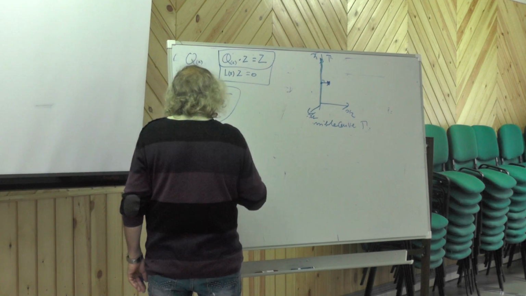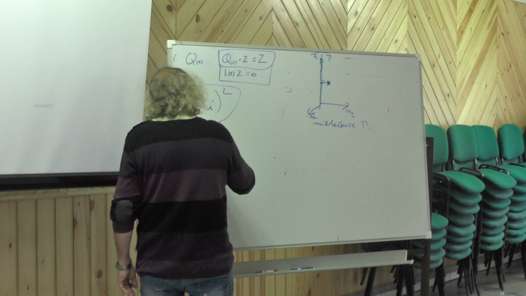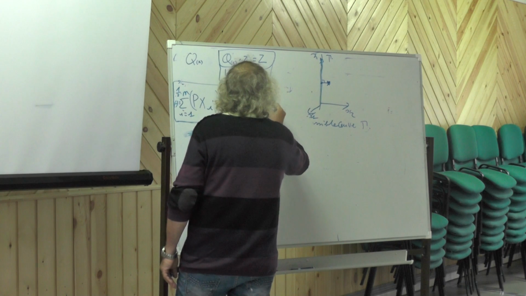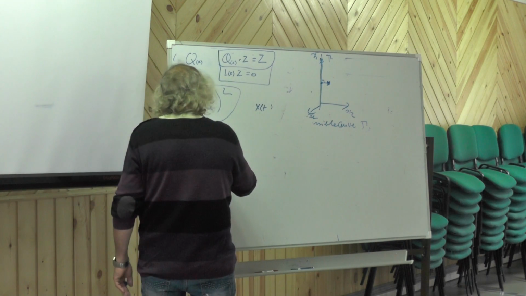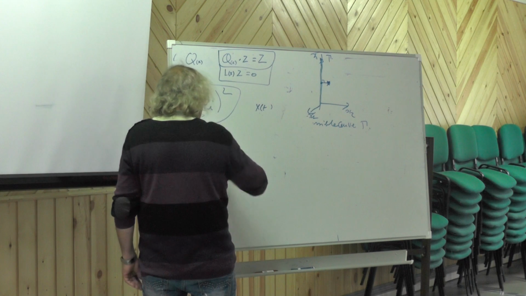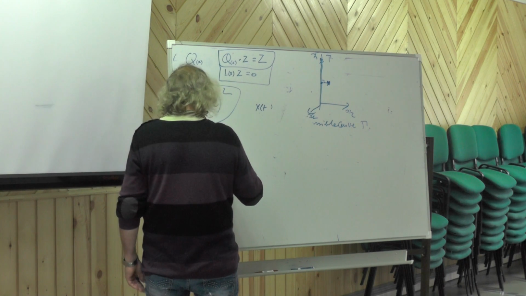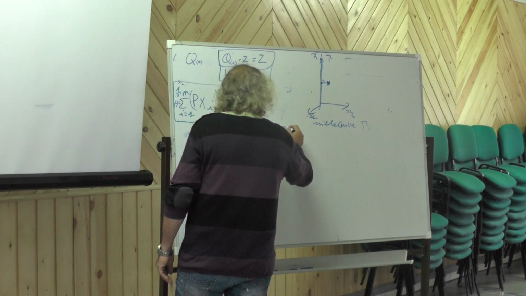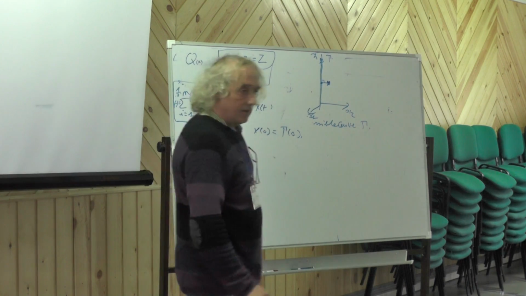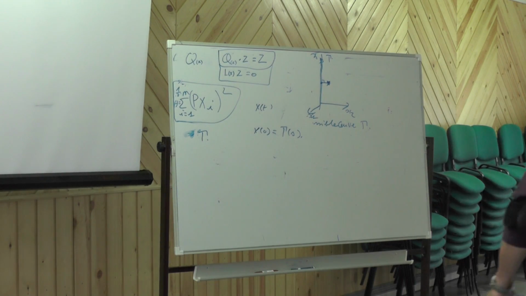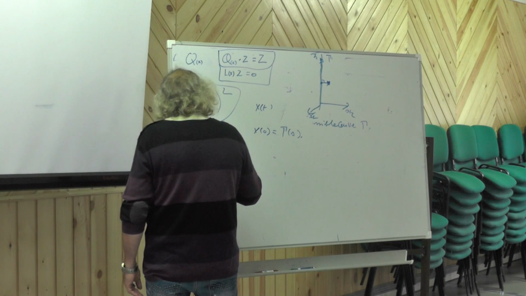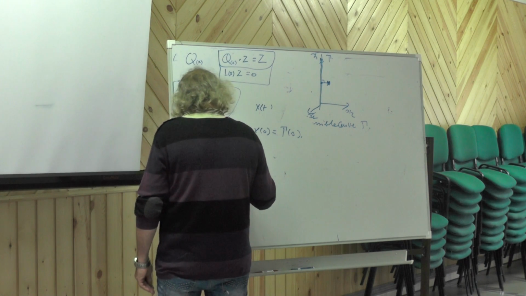I consider trajectories of this Hamiltonian system that start from gamma. I consider curves x of t that are trajectories of this Hamiltonian system and that start from gamma, which means that x of 0 is a certain gamma of s, and such that p n plus 1 at time 0 is equal to 0.